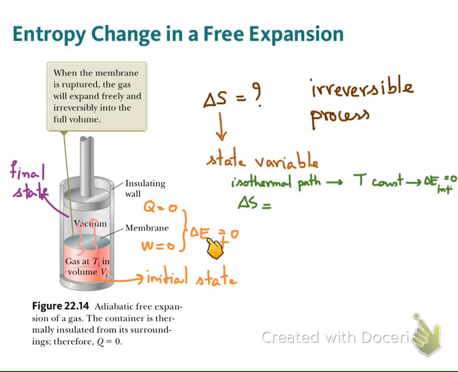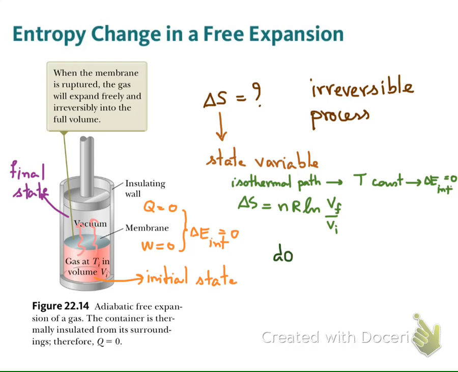So we will choose this part to calculate the entropy change during the free expansion, and we have that the change in the entropy is equal to nR log of Vf over Vi. This is very simple to get.